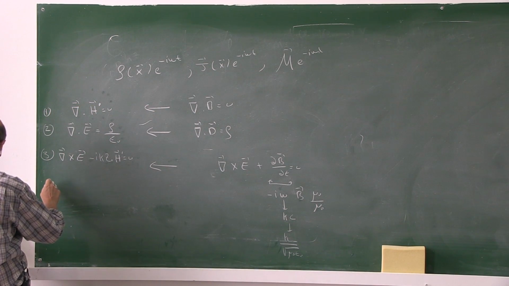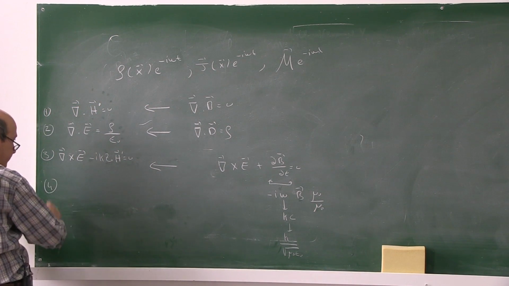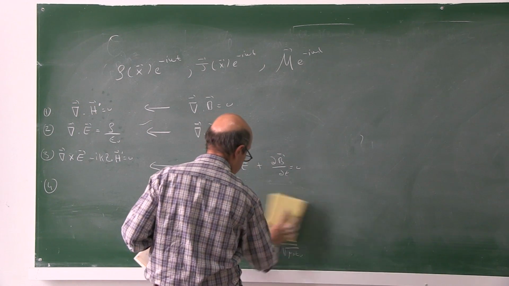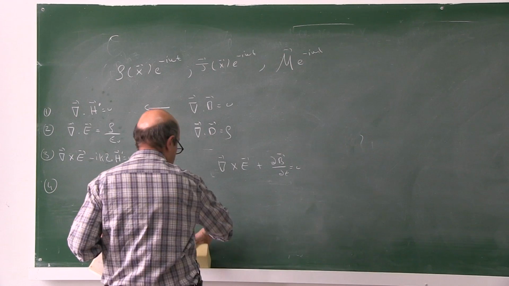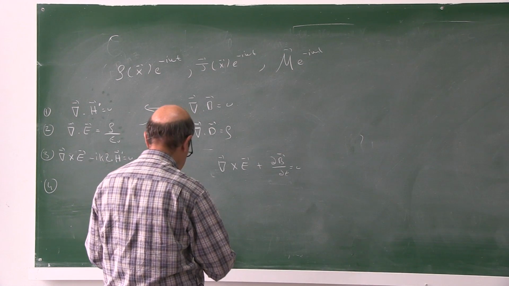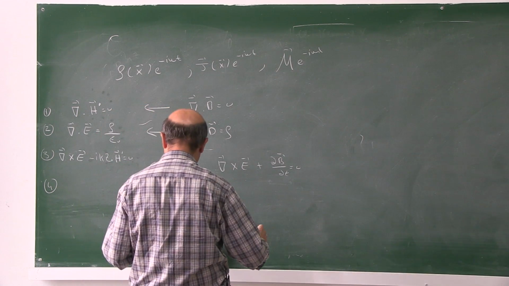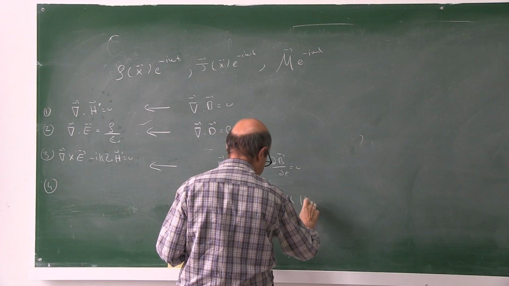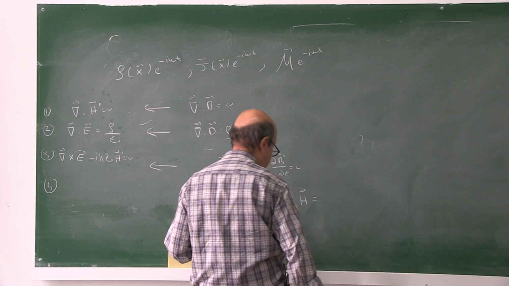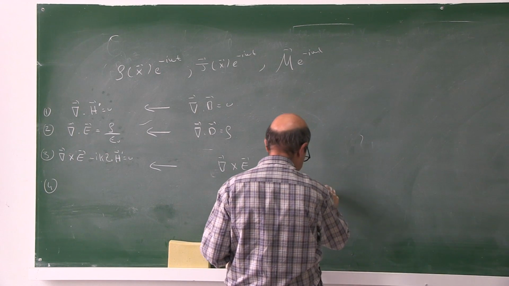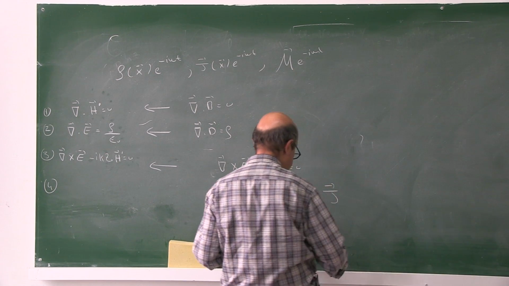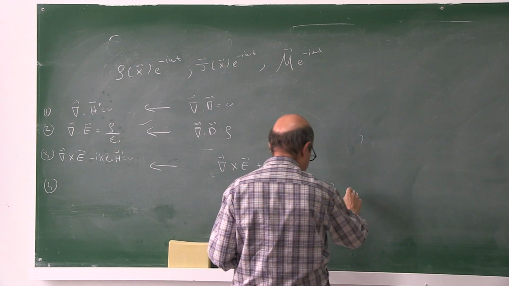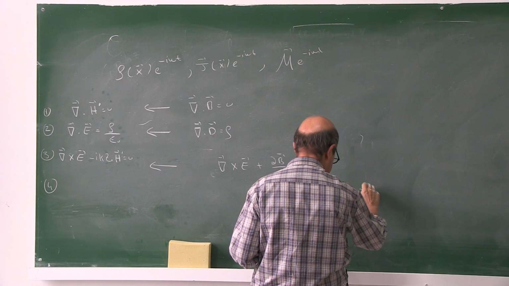And the fourth one from the modified Ampere's law will be the following. I have curl of H is equal to the free current density, plus the magnetization current density.